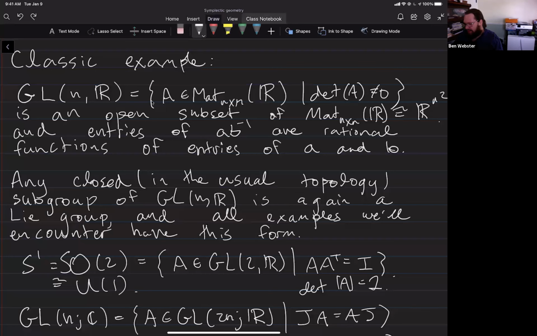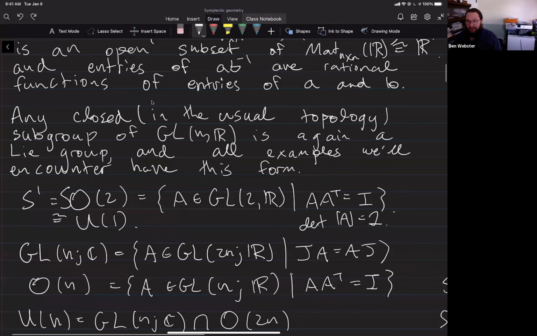An important theorem about Lie groups, which is very, very useful for finding examples, is if you have a Lie group and you have a subgroup. So note, I'm not saying anything about manifold structure. A subgroup which is closed, just closed in the usual sense of point set topology, then that will again be a Lie group.